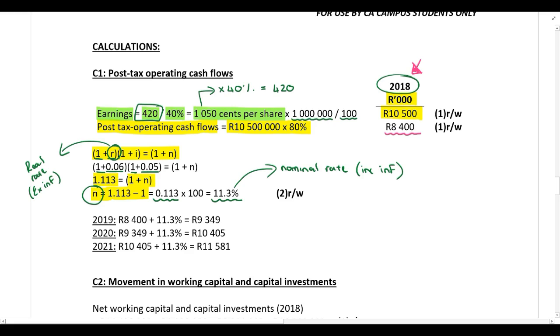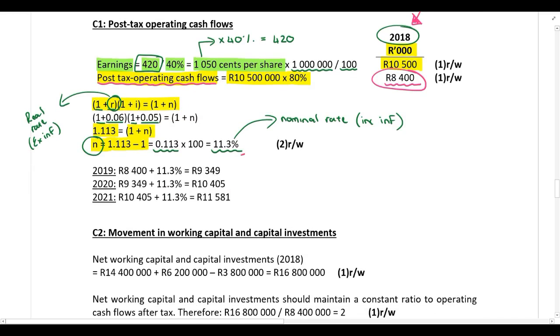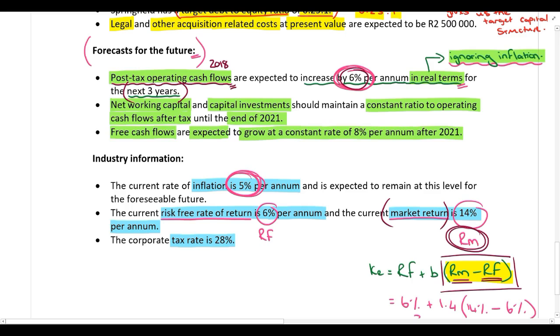So if we are trying to calculate post-tax operating cash flows for the future, we need to take this amount from 2018 and we need to increase that by the nominal rate. And remember, if you go back to the information provided in the question, this increase is expected for the next 3 years.